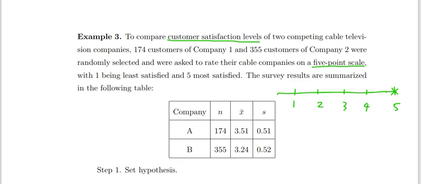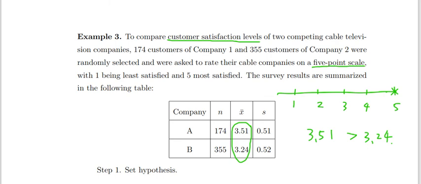So we say, we have evidence, because 3.51 is larger than 3.24. Then we need to check whether this evidence is strong enough that we can say company A's customer satisfaction is higher than that of company B. Can we make such a conclusion?